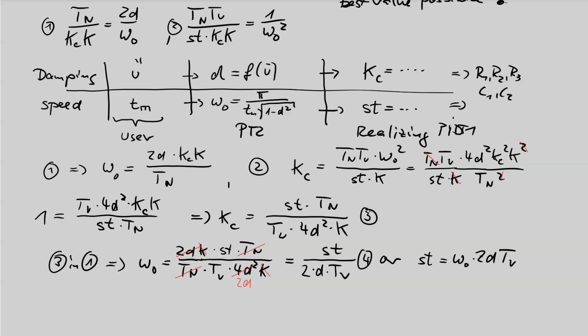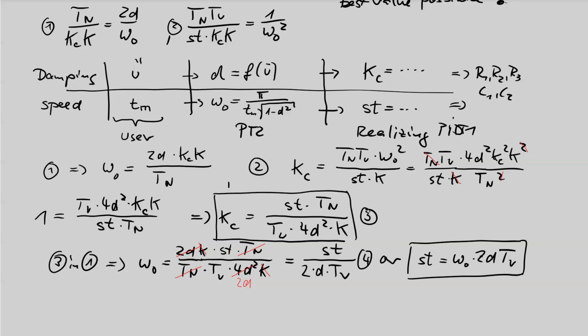So we can say with this equation and this equation, you can do the design very simply in the following way. Note that you know the d and the omega naught factor. With omega naught and d, you calculate step depths, put this step depths here, and with the step depths given, Tn and Tv and 4d squared and k, calculate Kc.